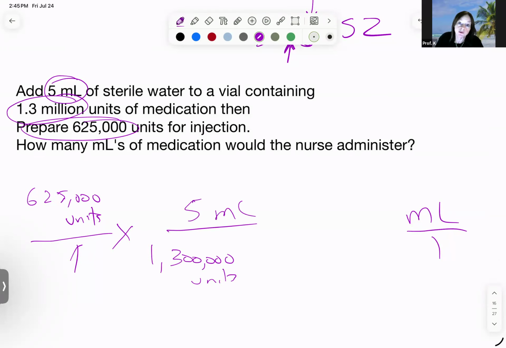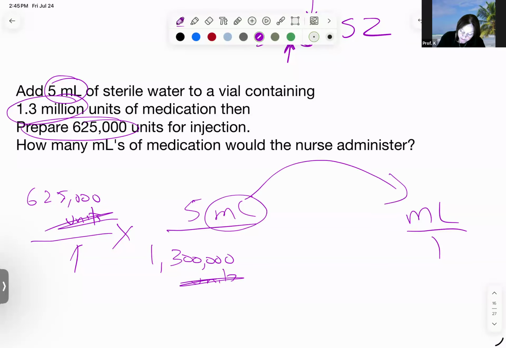And that's the big secret with reconstitution. It's just about getting comfortable using the zeros, getting rid of zeros, and then knowing how to write out millions. So you can cross off 3 zeros. Just make sure you cross off the same amount. 625 times 5 gives me 3125, and 1300 times 1 is 1300.